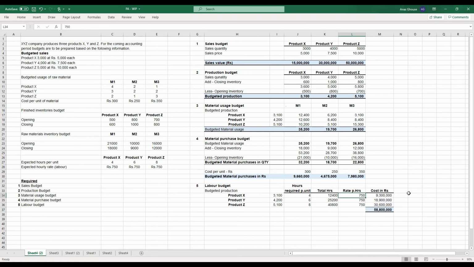So once you take 750, you can easily calculate the total labor budget, which is 58,800,000. So this is how you calculate the various budgets based on the given information.